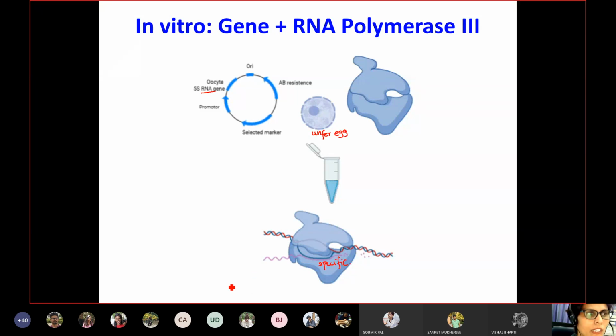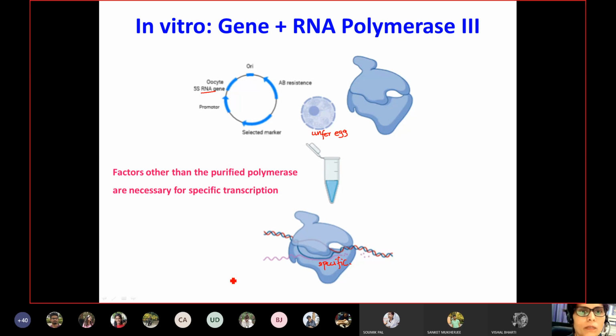So this was the confusion, that a specific thing is going on. With this kind of experiment, they already see that there must be other factors apart from the purified RNA polymerase 3 that are necessary for specific transcription of your 5S RNA gene. So this was the whole experiment that we are going to see in today's class.